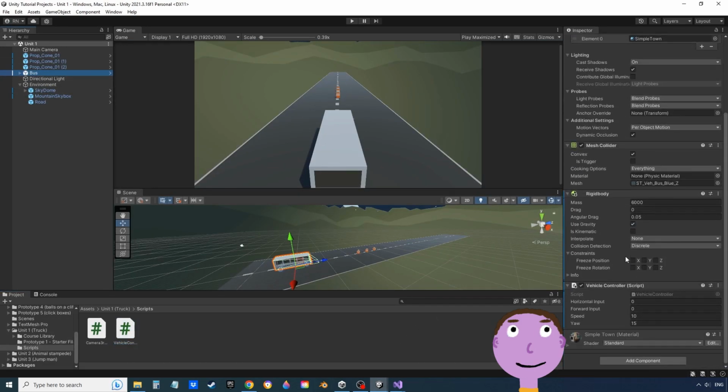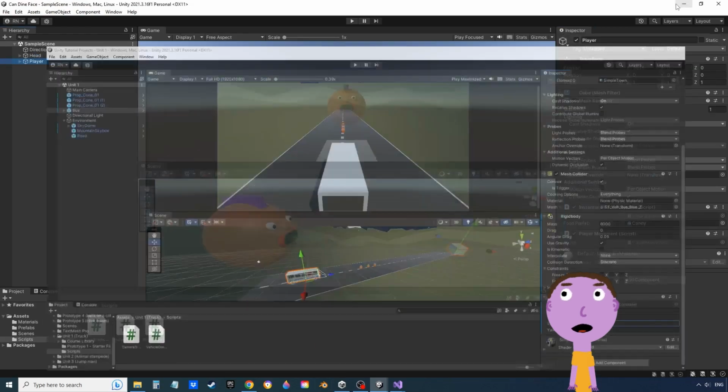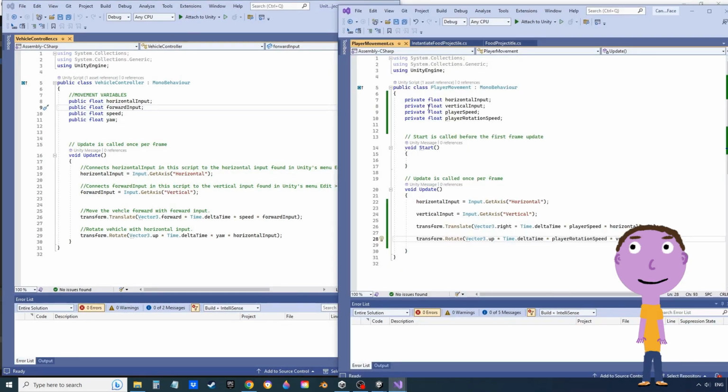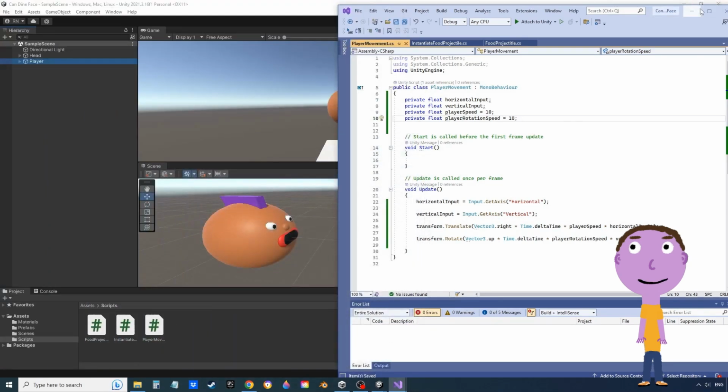If I look at the bus over here, this is where these are defined. I have private floats, they have to be defined here. So everything might have been working, but without any speed, there was no movement.